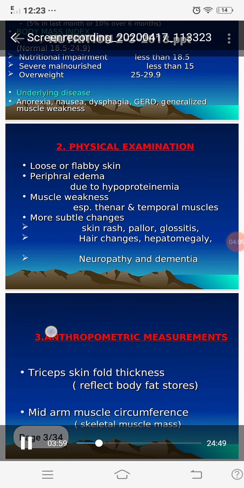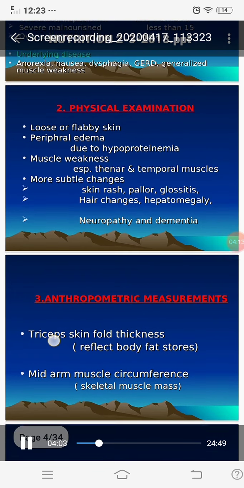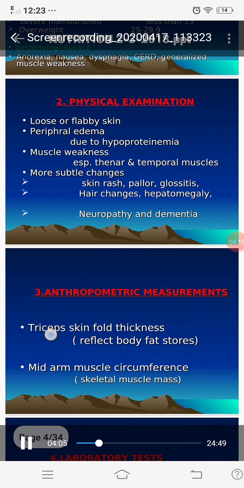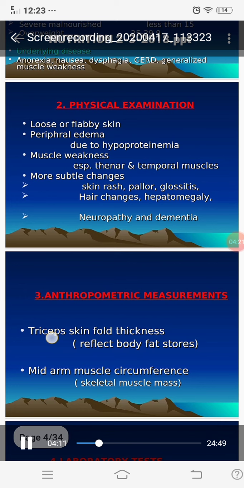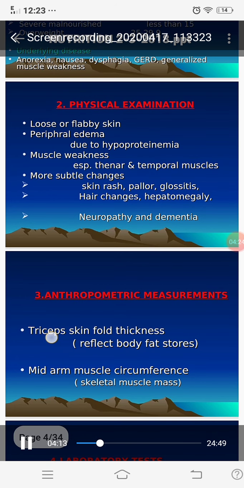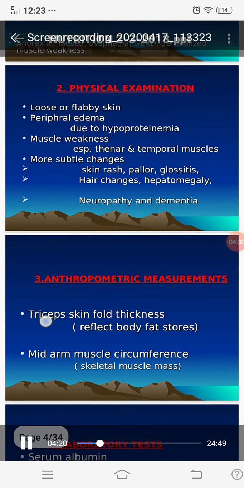Then check muscle weakness, especially of the thenar and temporal muscles. Other changes like skin rash, pallor, glossitis, hair changes, hepatomegaly, neuropathy, dementia. These all things should be assessed properly.